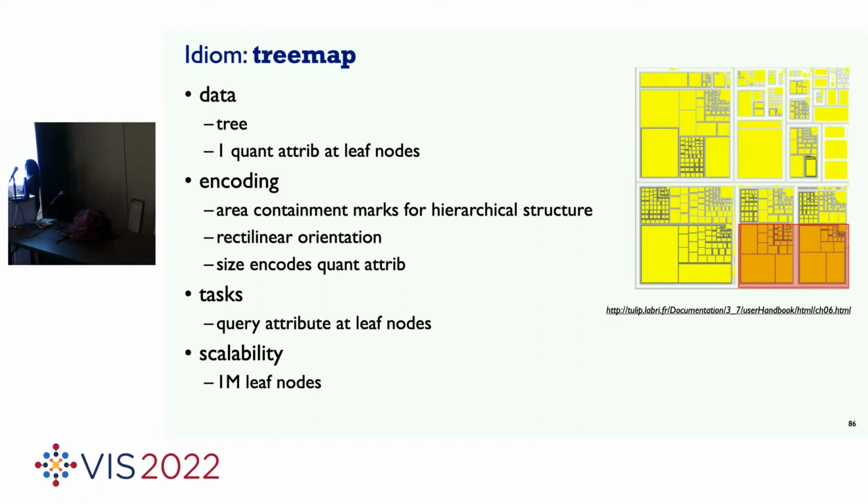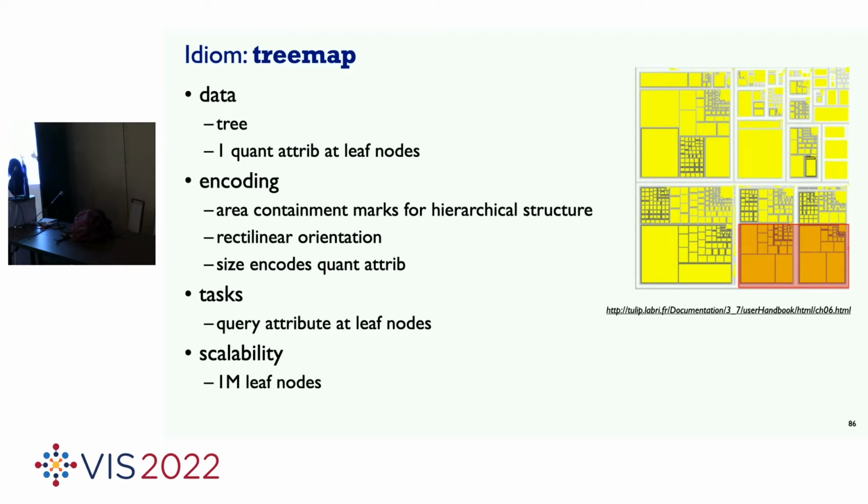One classic thing these are used for is actually looking at your file system and finding where are those giant files that have stolen half of your disk space that you didn't even know were there. So in that case, your attribute would be the size of the file. And so what we're doing is we are using area marks containing to show the hierarchical structure of the tree. But that's much less obvious. Topological structure is less obvious than it is with those node link diagrams.